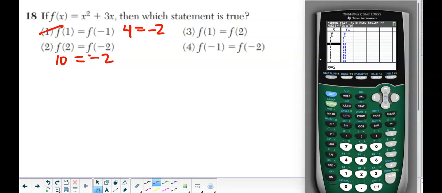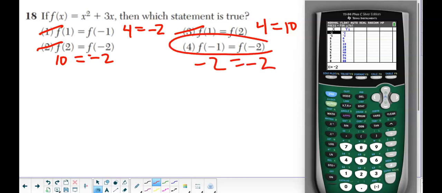I see that in my table over here, and again, this is another statement that is not true. So an input of 1 is 4, an input of 2 is 10, also not true. An input of -1 is -2, and an input of -2 also has an output of -2. So I use my table to compare these values instead of plugging in each number myself.